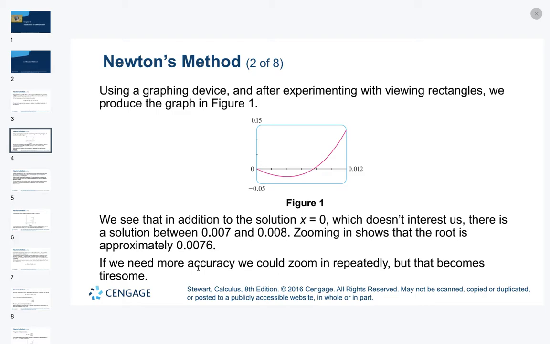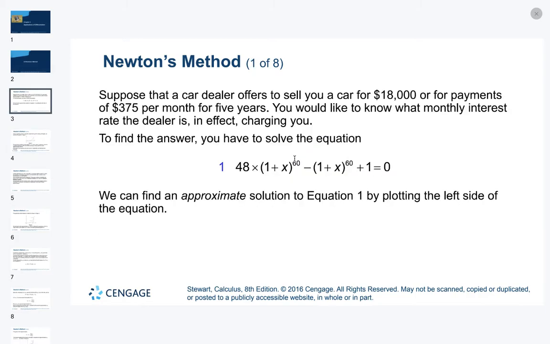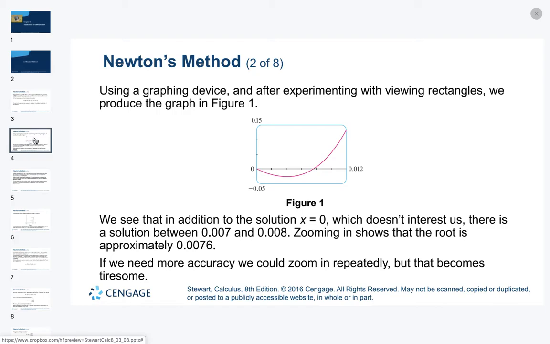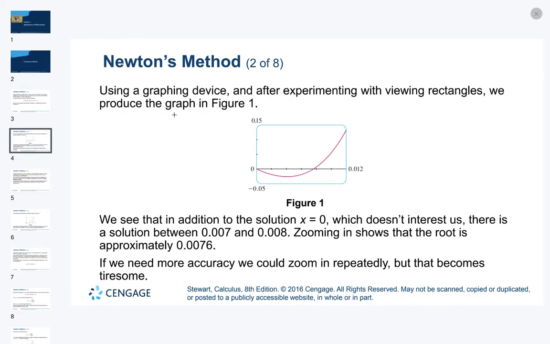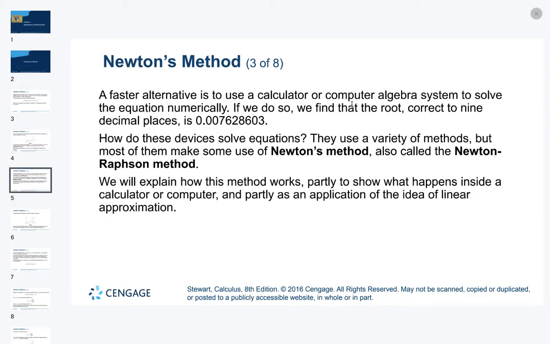For more accuracy, you would zoom in some more. All this is based on just graphing this particular expression. Now, this is one way of finding an approximate solution. A faster alternative is to use a calculator or computer algebra system to solve the equation numerically. In other words, you want to find the root up to 9 decimals, and so on.